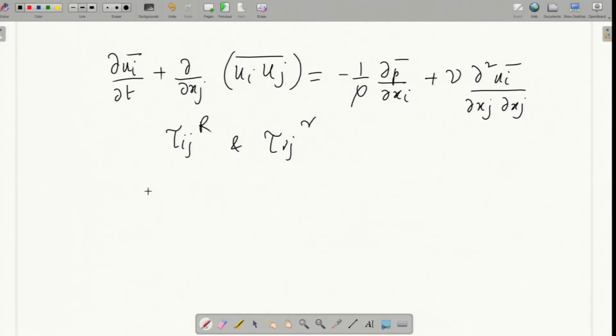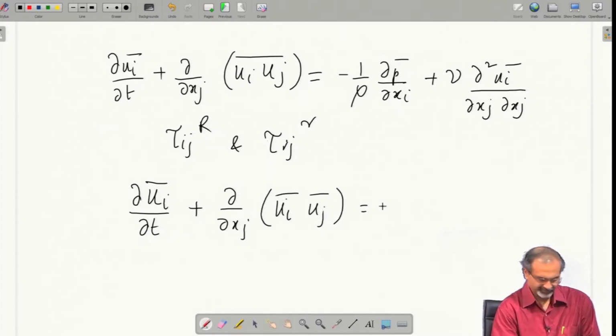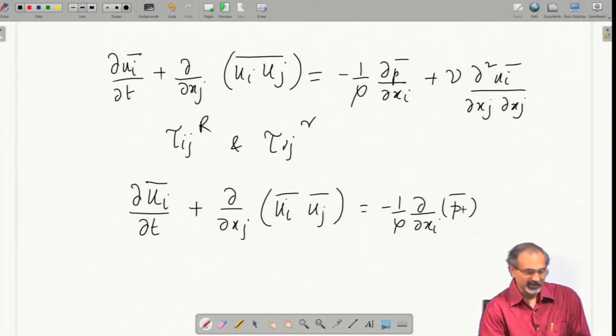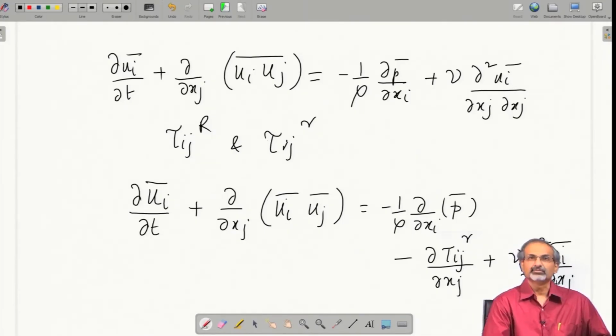So, you will finally be able to show that the equation can be represented like this. This is P modified, which we will still represent by P bar only, and then comes the anisotropic part of the stress tensor, and the viscous contribution.